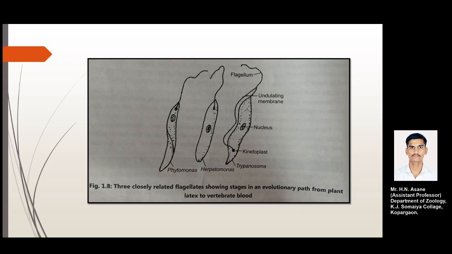The herpetomonas are parasites which generally occur in reptiles. And the third one is a trypanosoma species, known as the blood parasite.